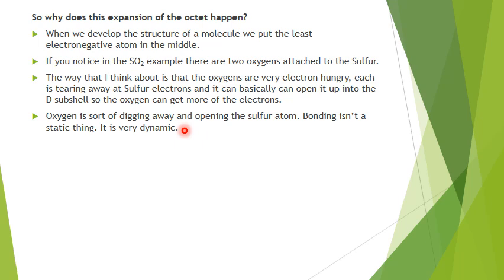The way I think about it is that oxygens are very electron hungry, and they're basically trying to tear apart sulfur to get electrons. So it's going to open up sulfur so that sulfur can expand its outer shell into the d, so oxygen can get more electrons. So that's one reason why you put the least electronegative atom in the middle.